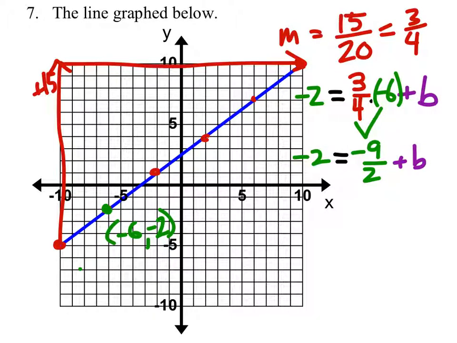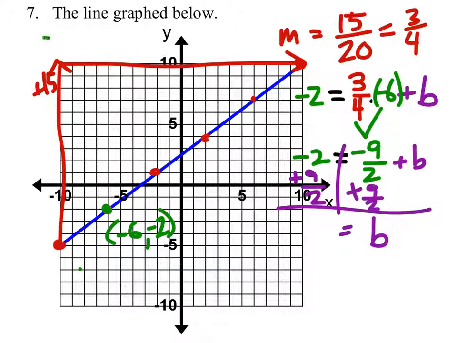To solve this, I would need to add 9/2 to both sides. And I get b equals -2 plus 9/2. I can change my -2 to have a common denominator, that's -4/2. So that comes out to be a positive 5/2.